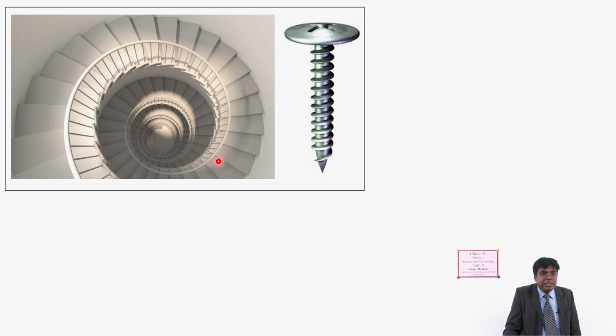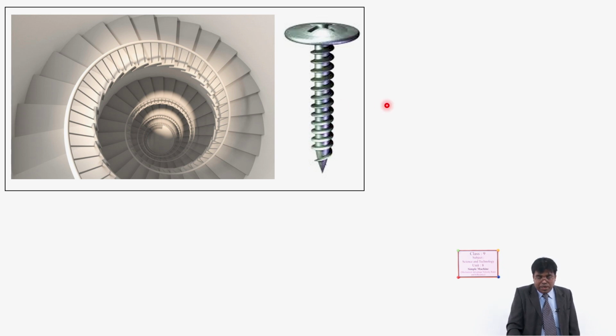This is not horizontal, not vertical, making a certain angle. So this is an inclined surface. The thread looks like an inclined surface, and we can move up and down the threads like one staircase. So this screw is also considered an example of an inclined plane.